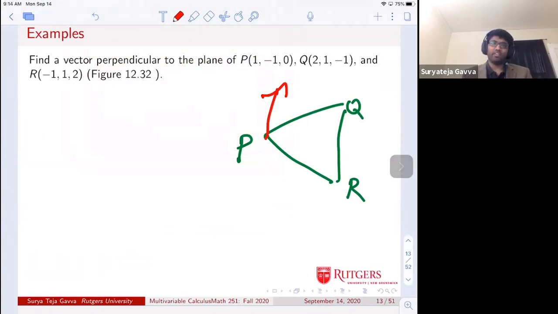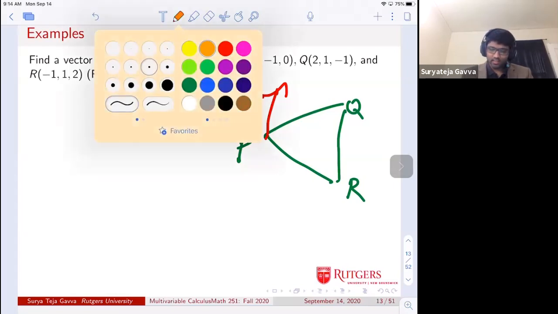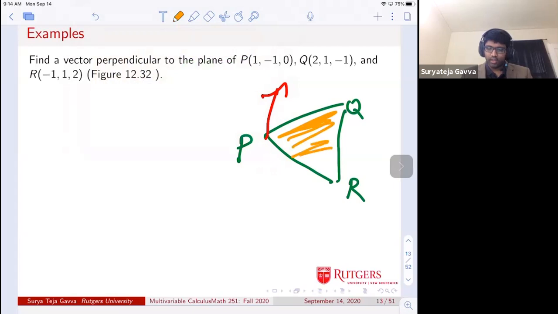So how do you think? Can you guys tell me a vector perpendicular to this plane? Assume there's a plane containing P, Q, and R, and you want a direction which is perpendicular to that.